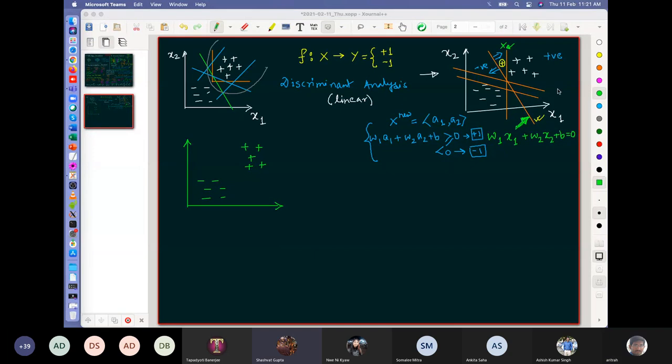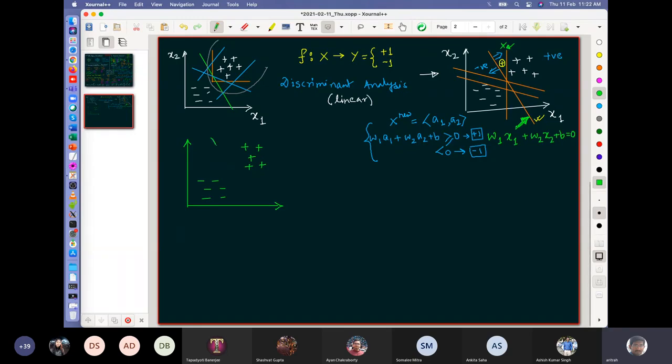Yes, a line that passes through the middle at an angle of 45 degrees. Absolutely. In this case you might say 45 degrees, but it may not always be 45 degrees. It depends on the points, but this is the basic intuition that we will follow, right?